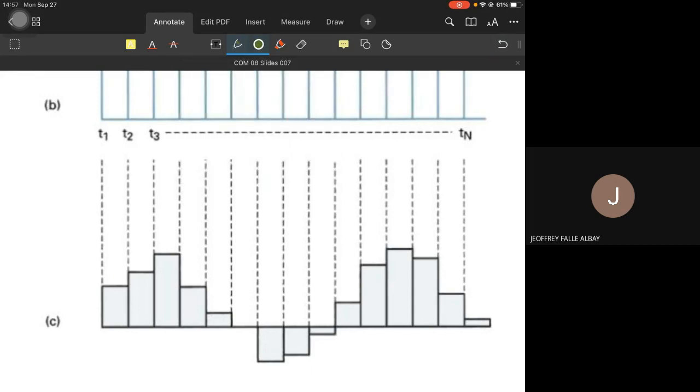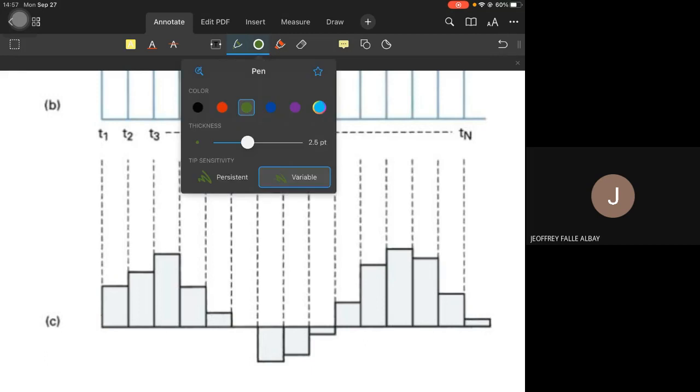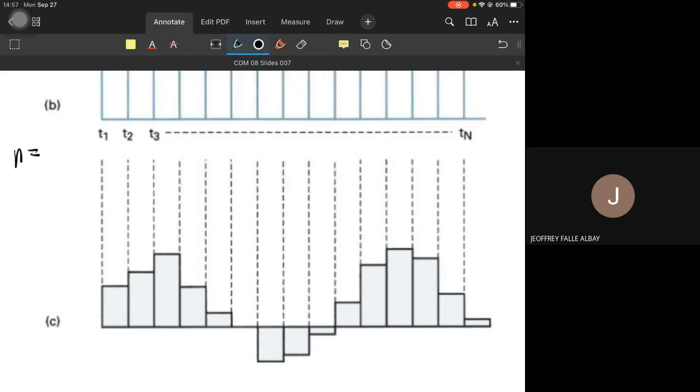So we round off, no? Although the values are discrete, we only have a limited number of voltage levels. So for example, a 3-bit system, N is equal to 3. How many levels is that? How many possible levels if 3 bits?